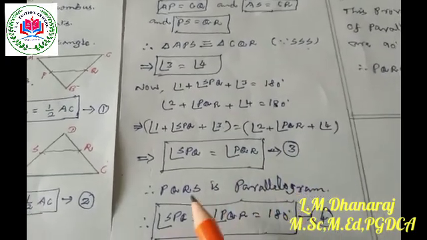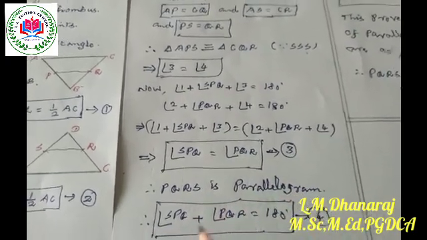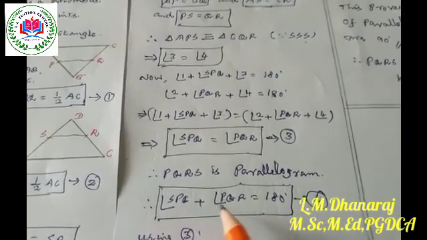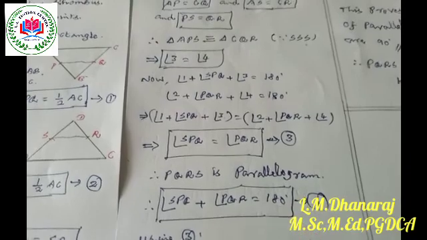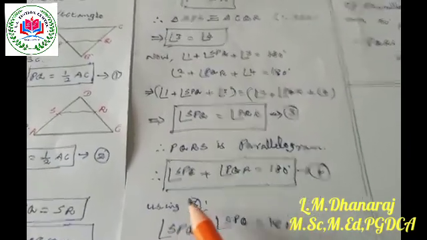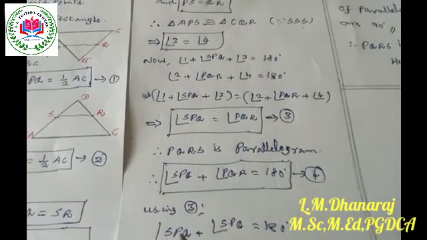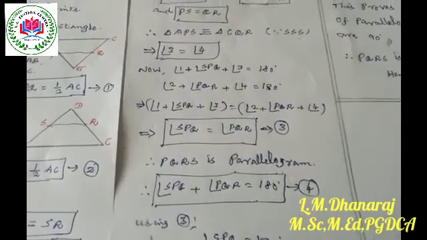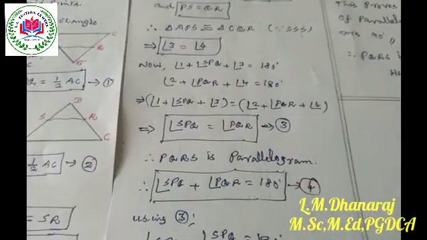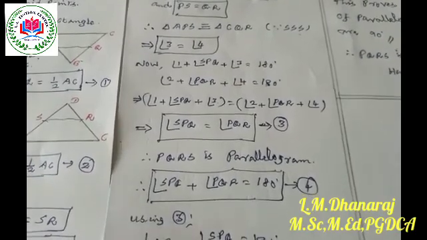Since PQRS is a parallelogram, angle SPQ plus angle PQR is equal to 180 degrees, as co-interior angles. Now using equation 3, angle PQR is equal to angle SPQ, so by replacing, angle SPQ plus angle SPQ is equal to 180 degrees.